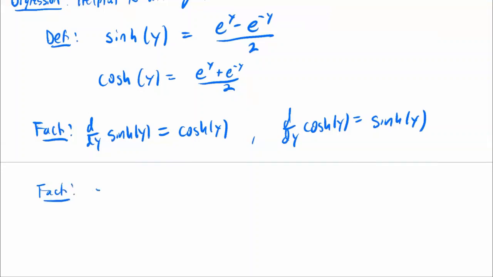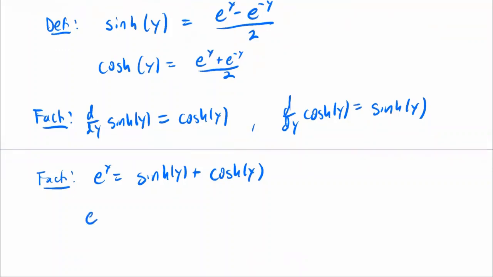Notice that you can write e to the y as hyperbolic sine plus hyperbolic cosine, because the two negative terms will cancel when you add them, and then you'll have e to the y over 2 plus e to the y over 2, which just gives you e to the y. And similarly, e to the minus y can be given by hyperbolic cosine minus hyperbolic sine.